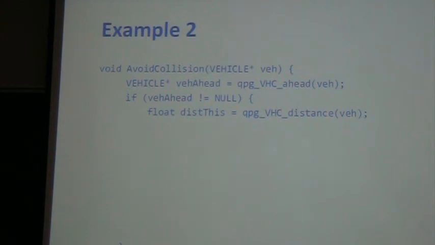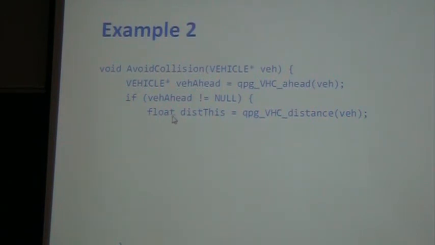Then we can use this function to get the distance between a vehicle and the center of intersection. So in Parametrics, they don't provide a function to get the distance between this vehicle and the vehicle ahead. However, they provide a function to get the distance between a certain vehicle and the center of intersection. So we can use that indirectly to calculate the distance between the two vehicles.